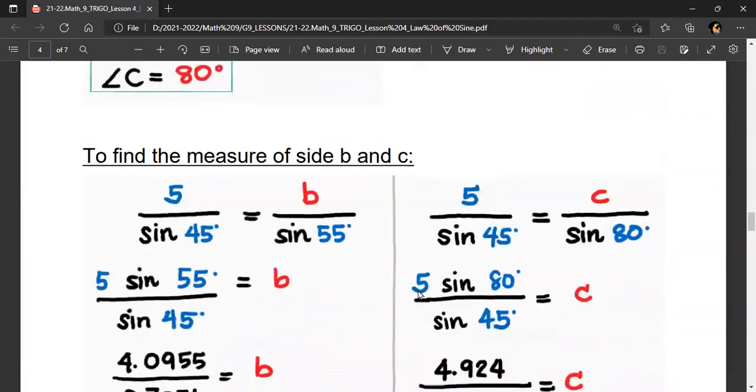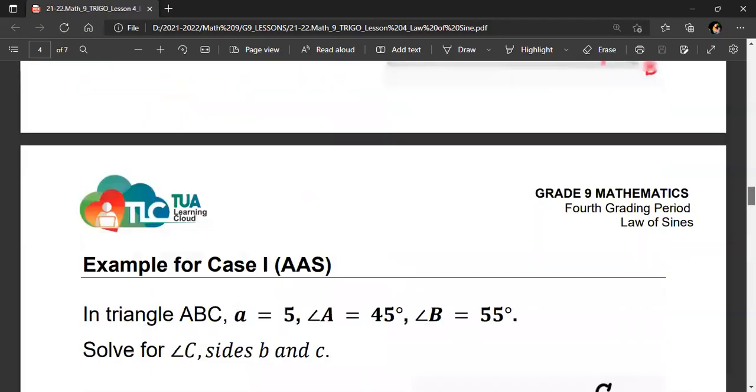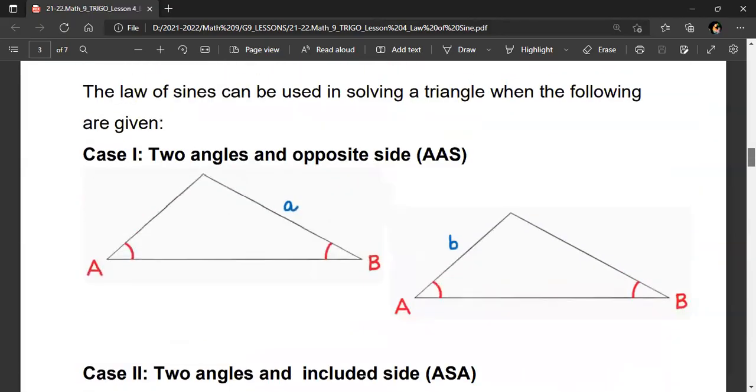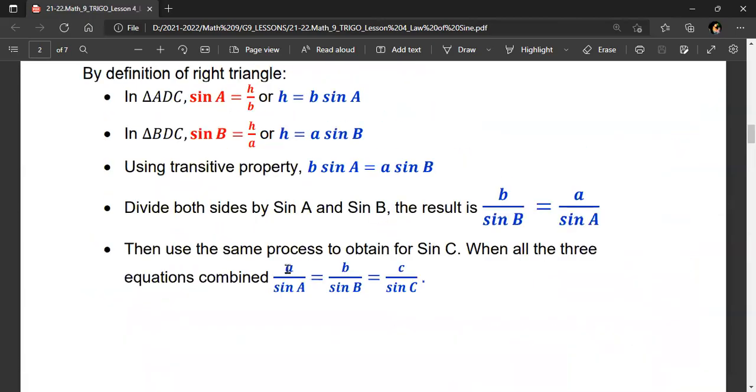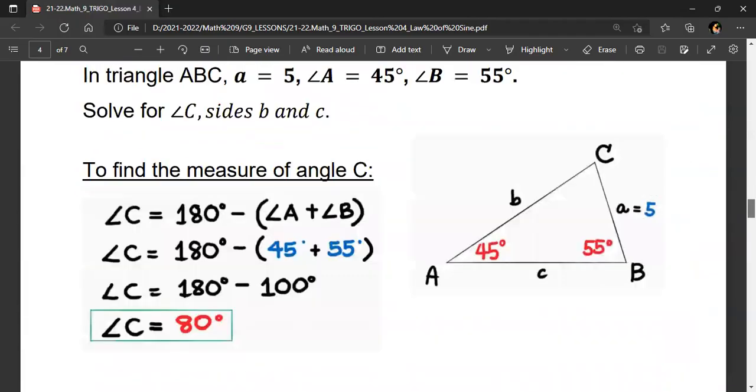Now, to find the measure of sides B and C, this time we will be using the sine law. If we return to the given formula, the blue one, this has a relationship with A and B, and C, and A and C, and that would depend on the given problem. Now, let us go back to our given.